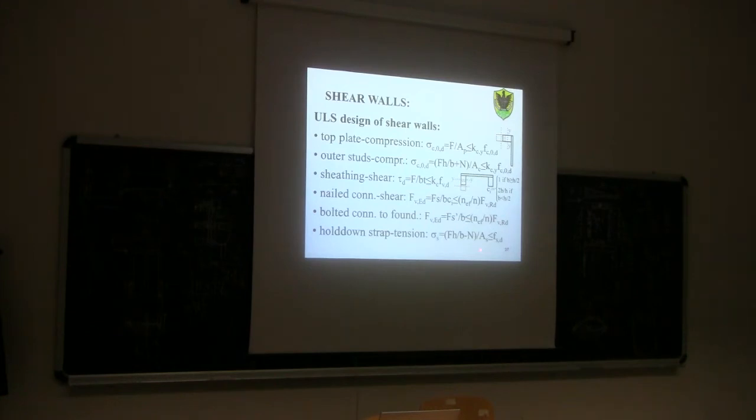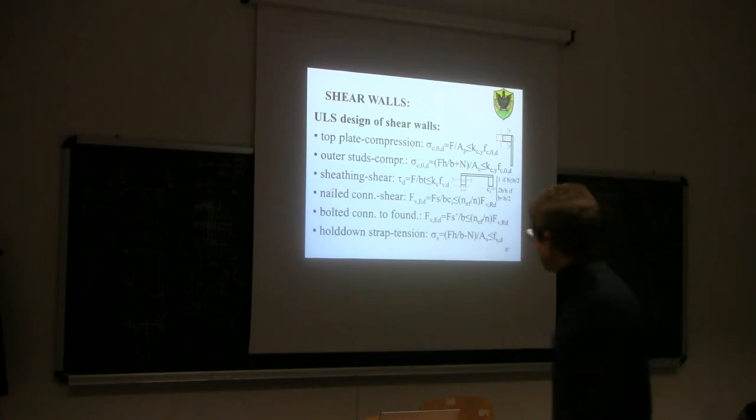The gravity force is in some way pre-stressing a little bit, so we can use this difference here, divided by the area of the strap, less than or equal to the design stress of the steel.